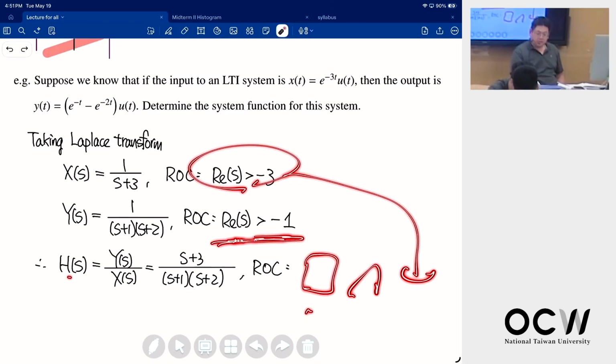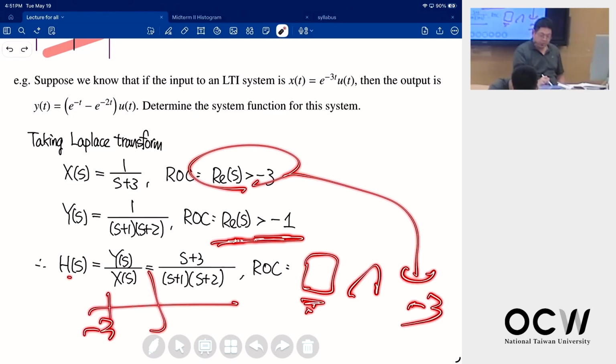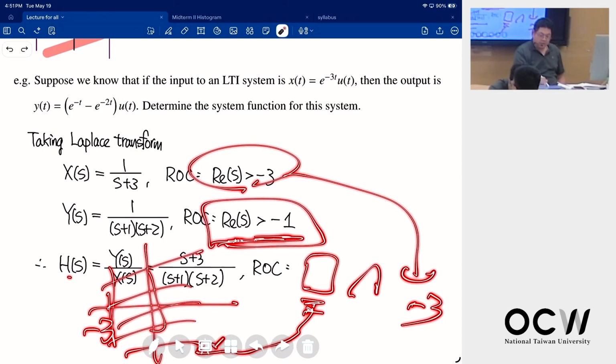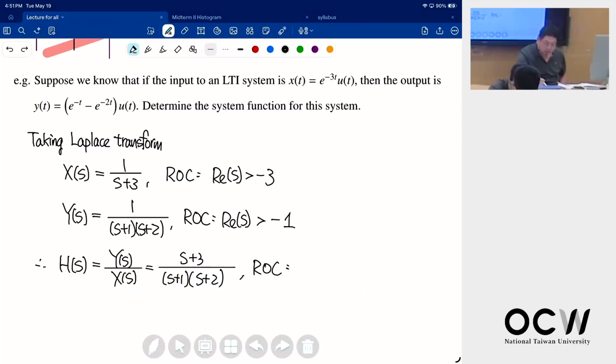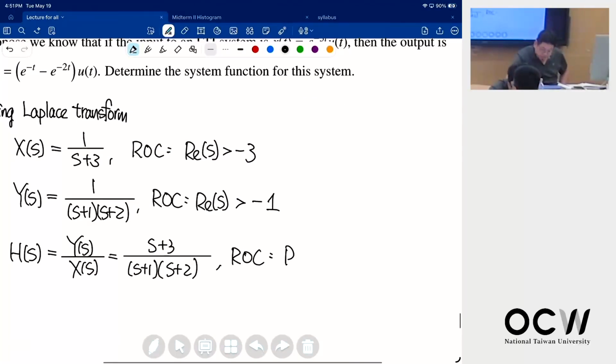To get the result, the intersection is s greater than minus 1. Then the region of convergence is greater than minus 1, right?